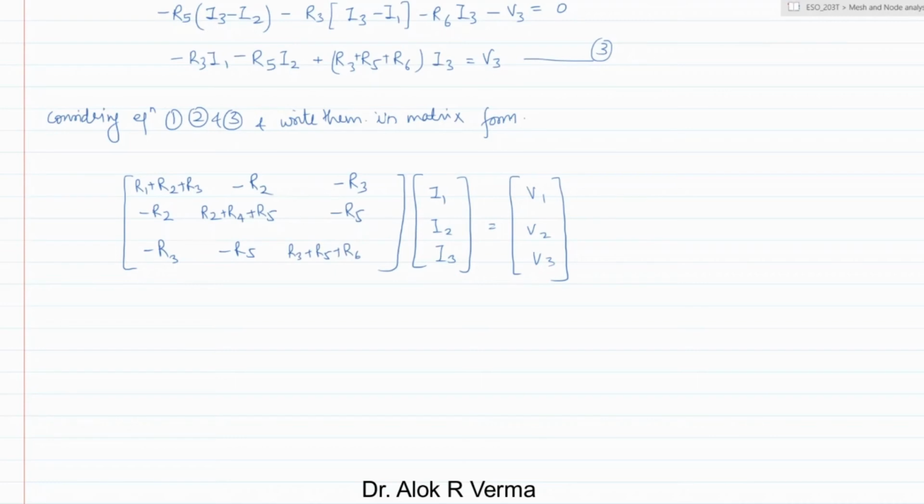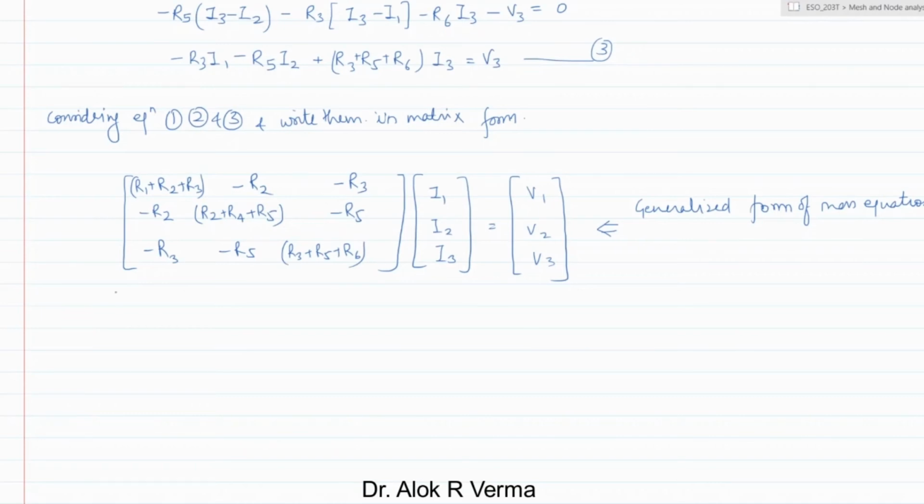Okay, so this is nothing but the generalized form of mesh equation. In this equation, if we see what the elements are, this, this one, and this.